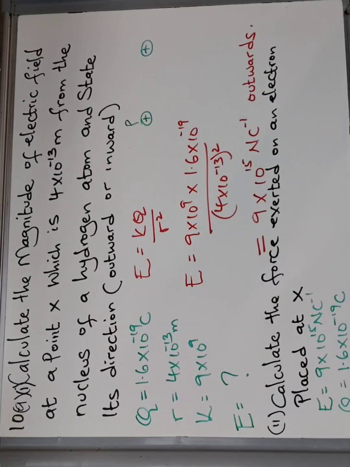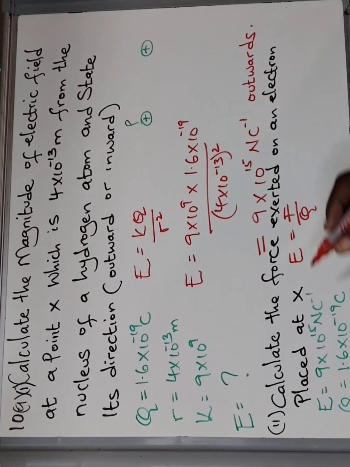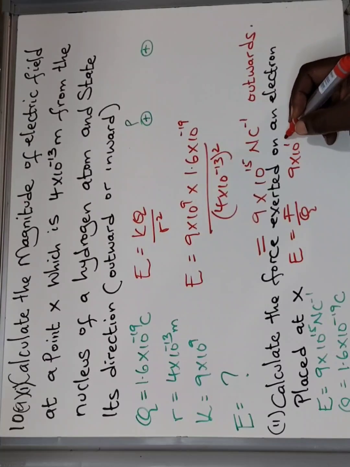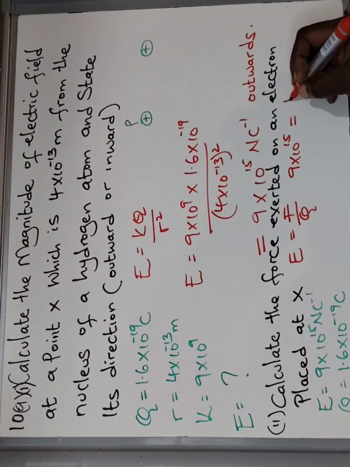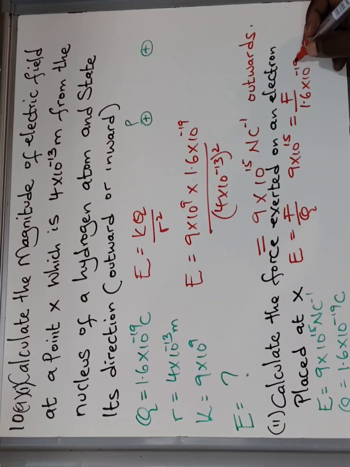With that information, you quote the right formula. According to the data, E equals F over Q. Our unknown here is F. So when you substitute in, you have your E, which is 9 times 10 power 15, and our F is wanted, but you know the charge, which is 1.6 times 10 power minus 19.